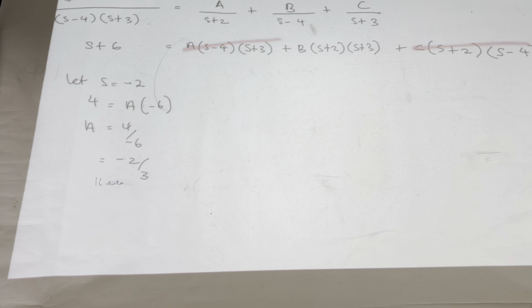4 plus 6, 10. A will be 0. C also 0. So B equal to 4 plus 2 is 6. Multiply 4 plus 3, 7.